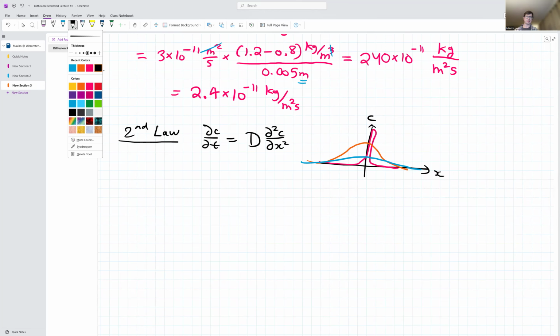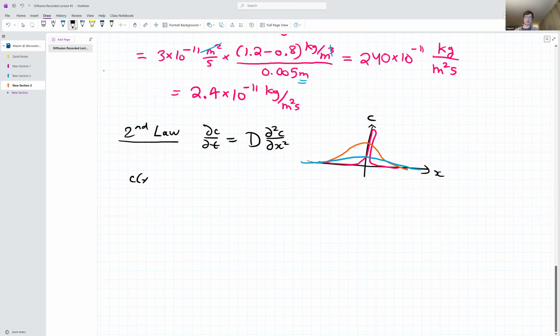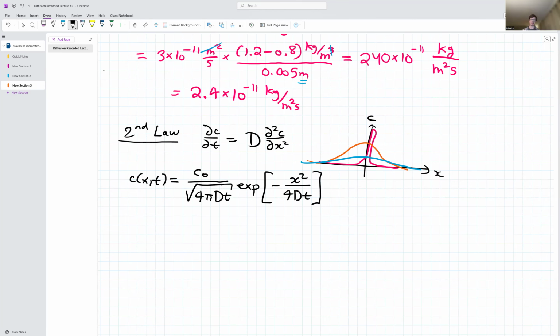The solution, as a function of time, is however much initial concentration you put there at the beginning, and then this Gaussian, this bell curve. There's 4 pi times the diffusion coefficient times the time, and then an exponential of minus x squared over 4Dt. That describes the spreading out process from the origin.